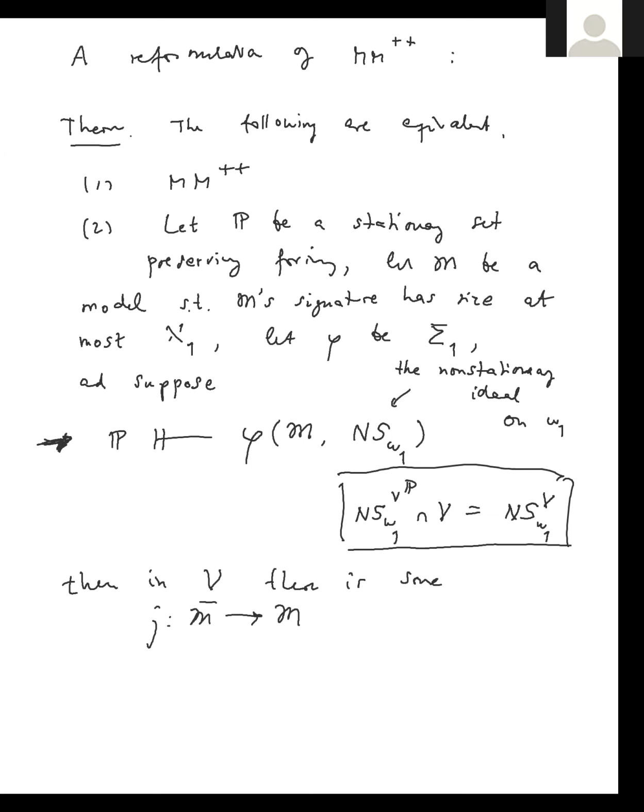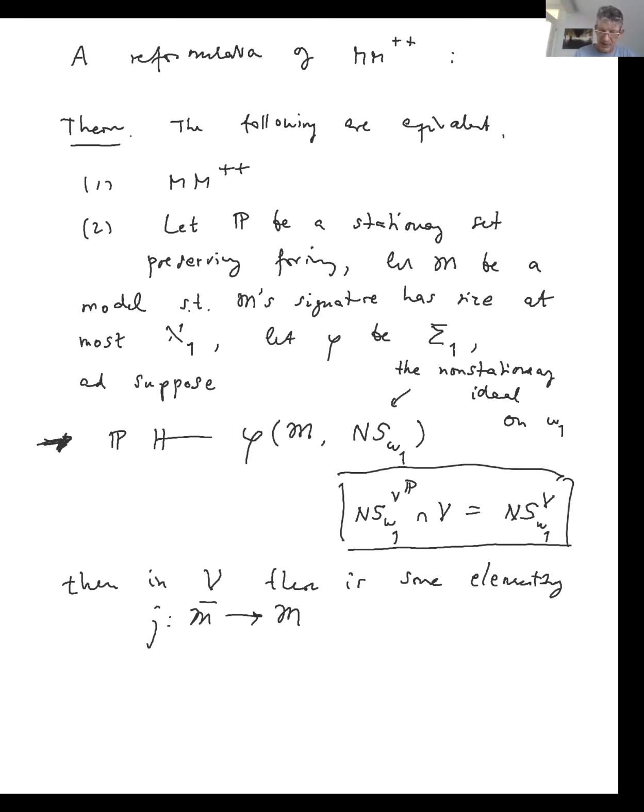And it's elementary. So in other words, you have a substructure of M. As we discussed yesterday, M might have constants for your favorite Aleph1 many elements of M, and then all these things would have to be in the range. So for instance, if M is transitive and it has size at least Aleph1, you can always make sure that J has omega1 as a subset of the range, so that the critical point is up high.